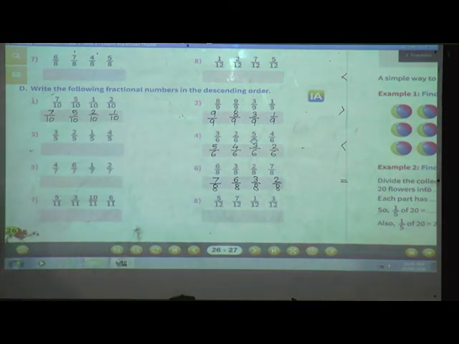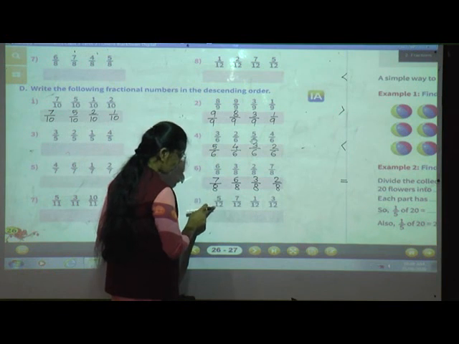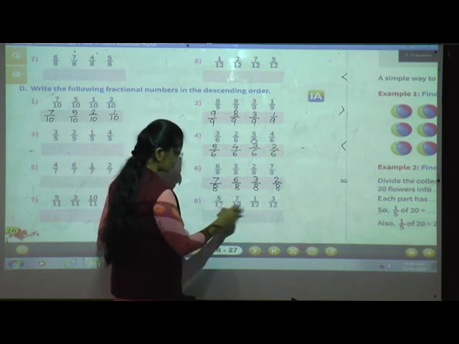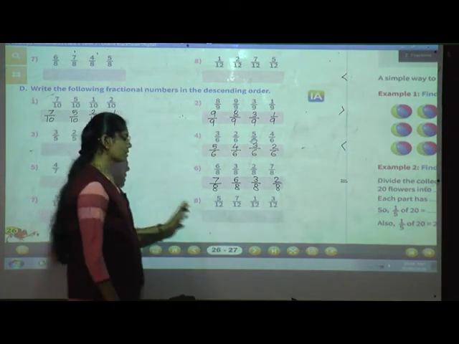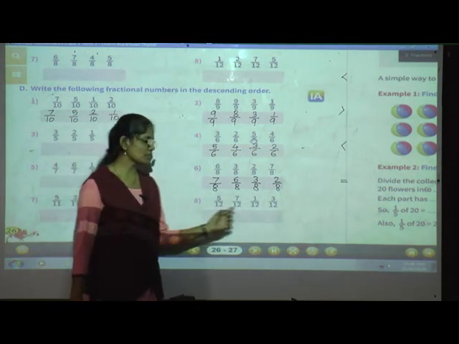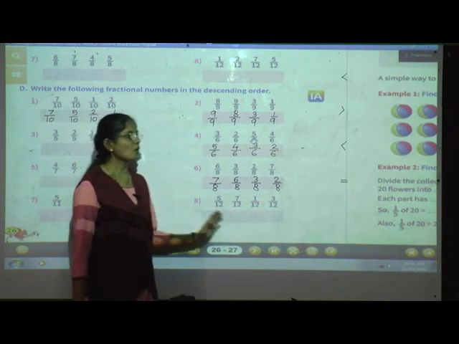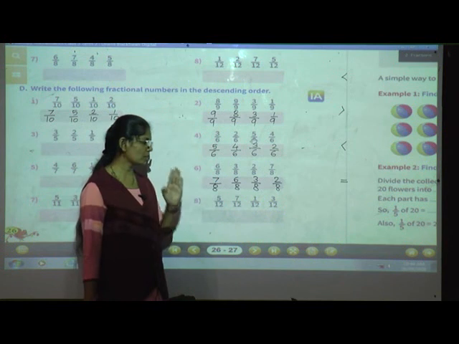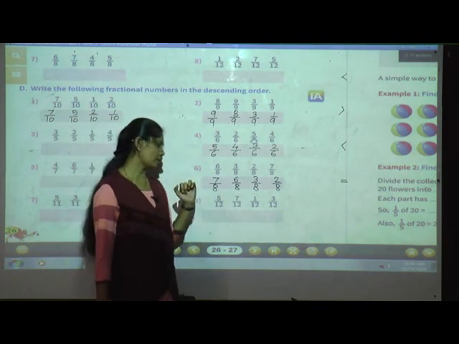Okay, now one more example we will take, that is 8th one, last. See here 5 by 12, 7 by 12, 1 by 12 and 3 by 12. Now see students, here the denominator is same, because all fractions are like fractions. So at that time we have to see only the numerator.